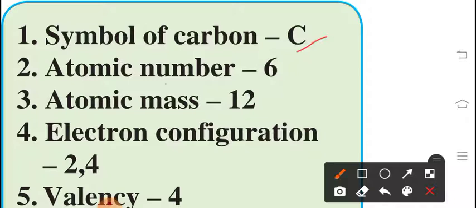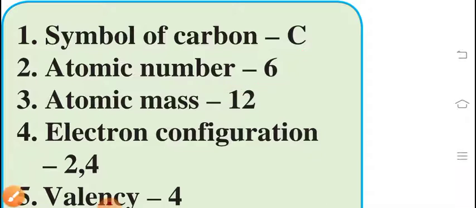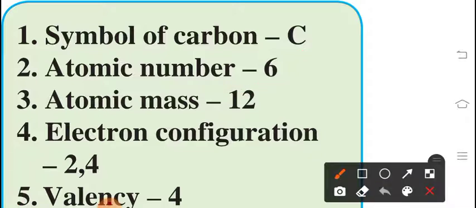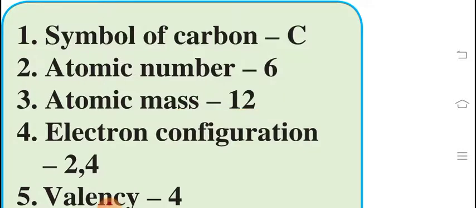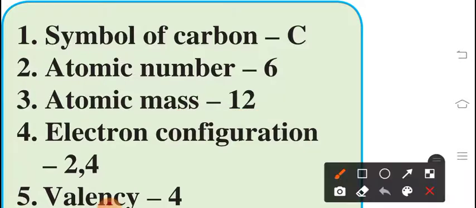The atomic number of carbon is 6. Atomic mass is 12. Its electronic configuration, based on the atomic number, is 2, 4.